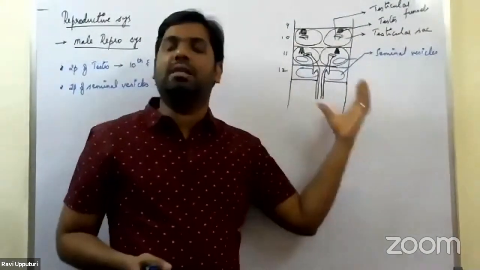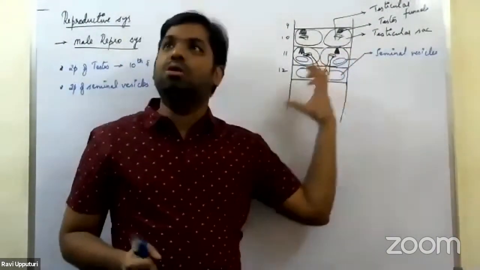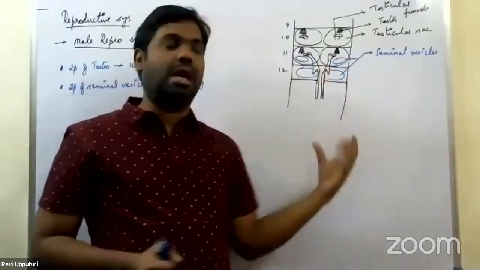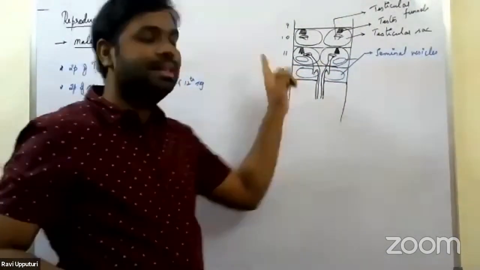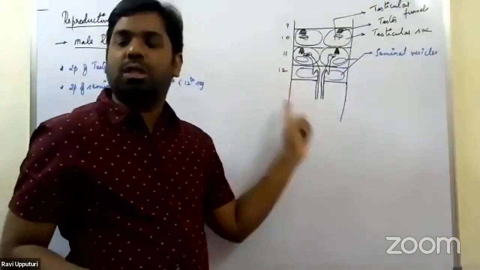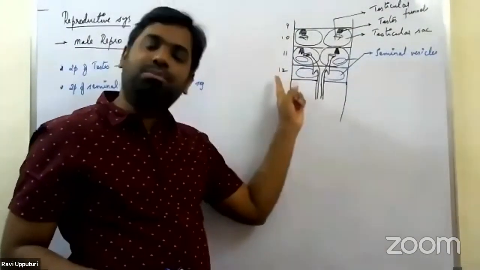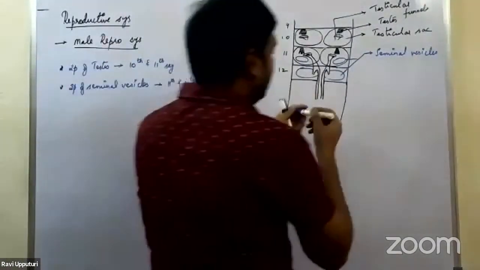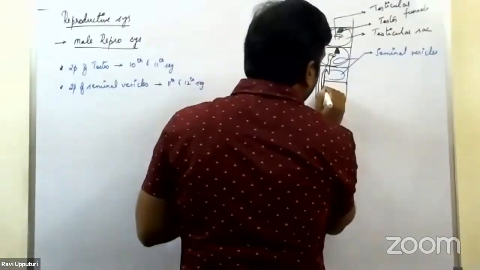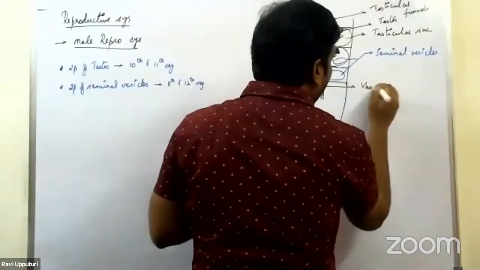The testicular funnels then send those sperms into the seminal vesicles, where they undergo maturation. Once matured, they are passed on into these tubular structures called the vas deferens.